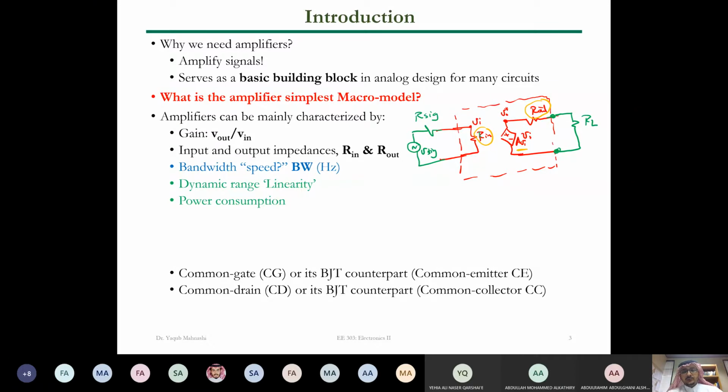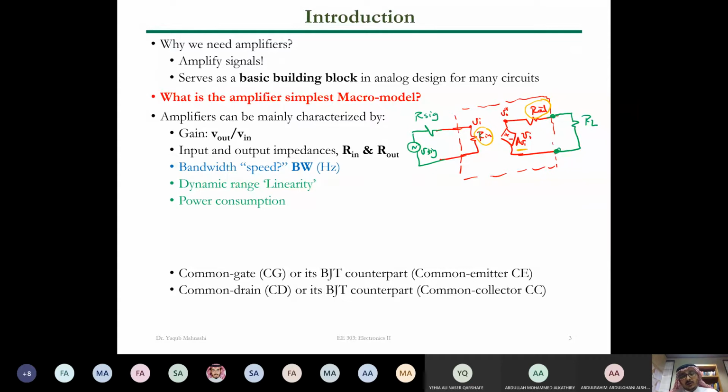To be able to know the frequency response of the amplifier, or the speed or the bandwidth of the amplifier, we need to study the frequency response including capacitors. In this model we don't have capacitors, but we need to include them and see how we can analyze the circuit.